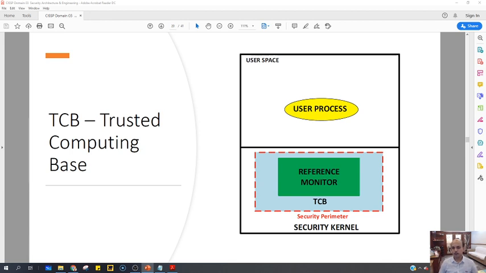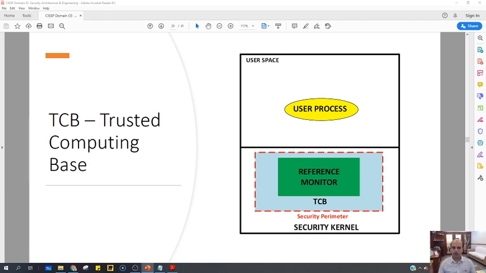In terms of the exam, I just want to tell you, just remember this particular diagram. There is a user space, and from that user space the user process will run, which is outside the security kernel space. The user will interact with the security kernel, and inside the security kernel there is the reference monitor and the TCB, both inside a security perimeter.